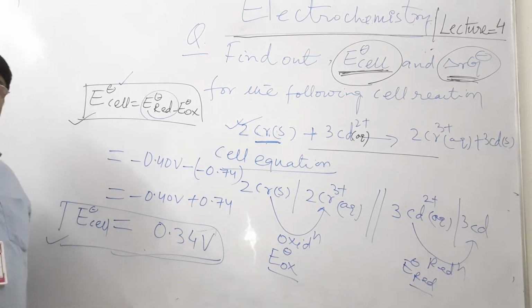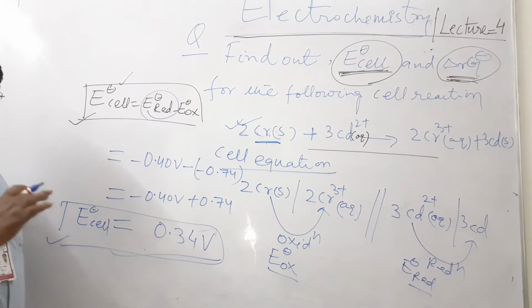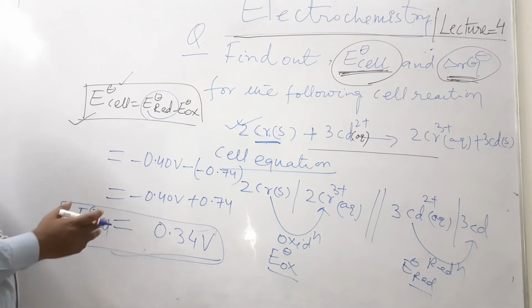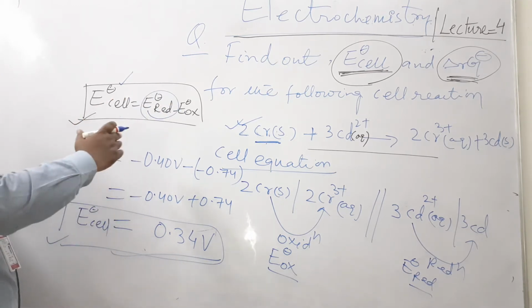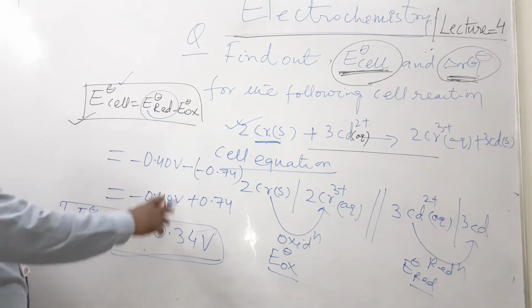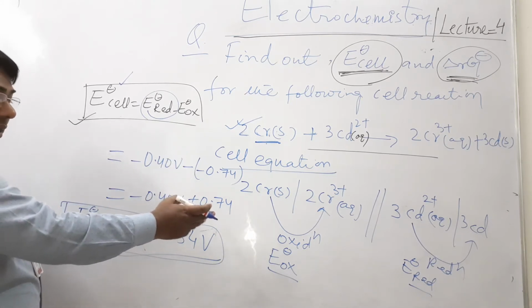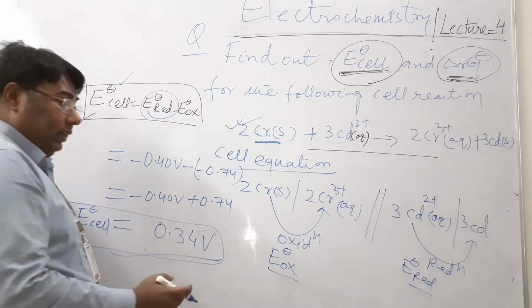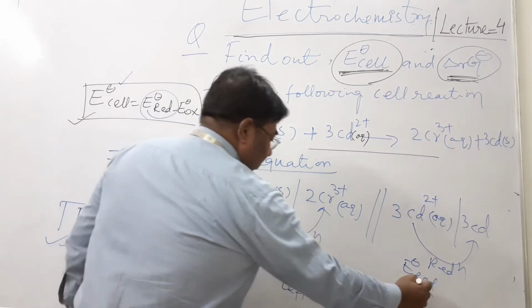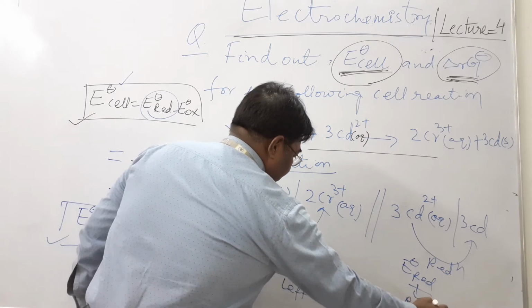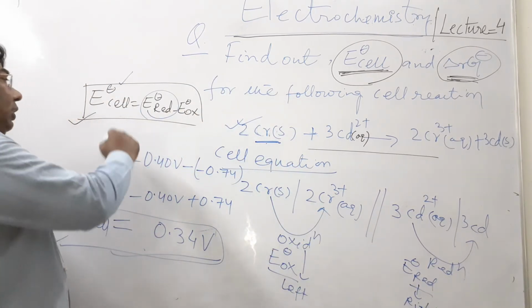So all of you please try to understand the concept. How would you find the value of standard cell potential of a given cell reaction? First of all, the given cell reaction is transformed into the cell equation. On the left side you write the oxidation and on the right side the reduction, and then put the values in the equation.